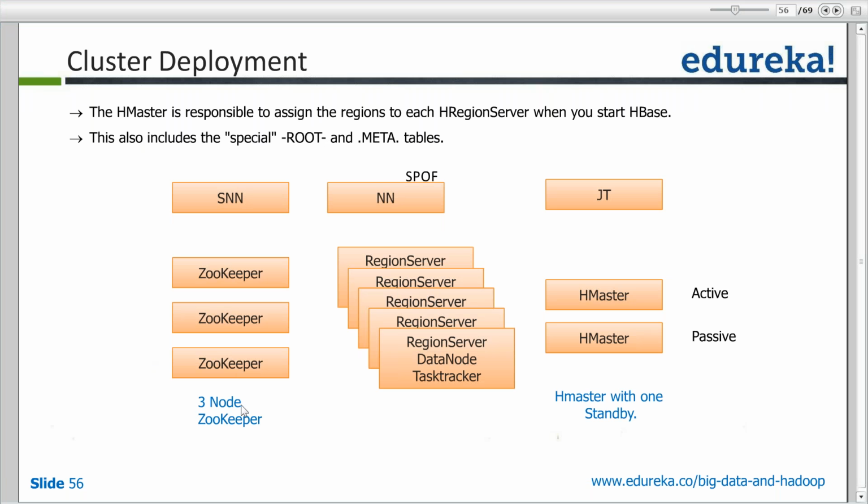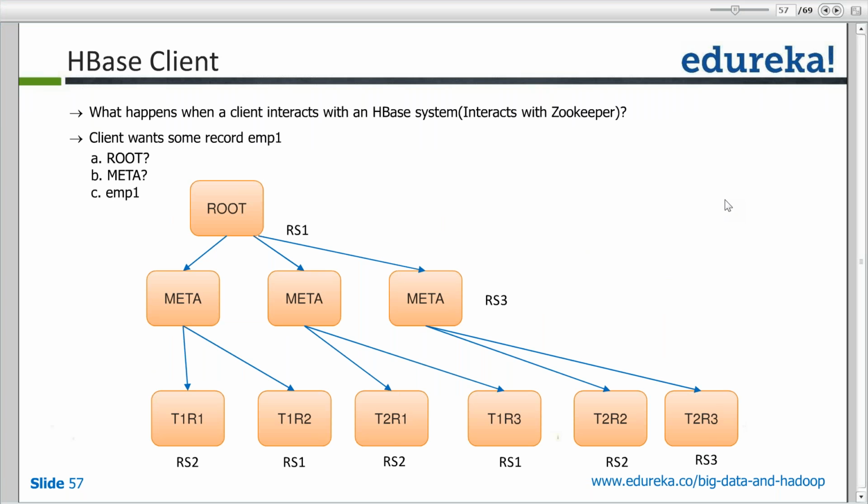We haven't gone into Zookeeper yet, so I'm repeating this again. What happens when a client interacts with an HBase cluster? It first goes to root, from root to which meta, and from meta to which region server.